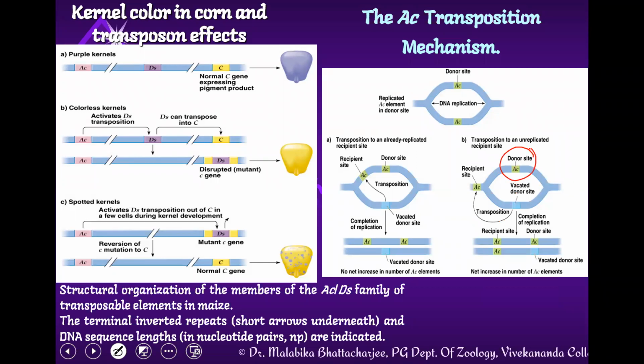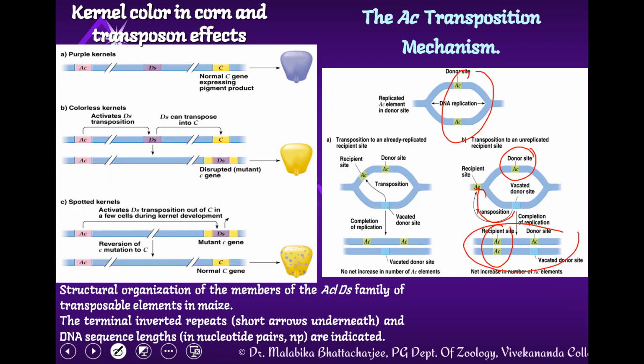After replication, we got AC in this strand. And then again, we are seeing the jumping of AC into the unreplicated part of the DNA. Since AC has again jumped into the unreplicated part of the DNA, that DNA will be replicated, and in the course of replication, again we will be getting a double copy of AC. So we started with two AC elements, and at the end of the picture, you can see that there are three AC elements.